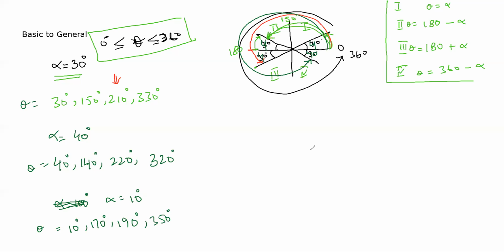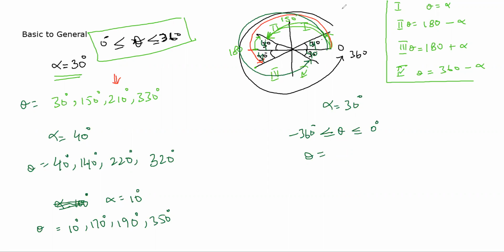Okay, now suppose you have alpha as 30 degrees again, but this time your theta is going to be between minus 360 degrees and 0. Now you tell me what will be your theta. Alpha is 30, going from minus 360 to 0.